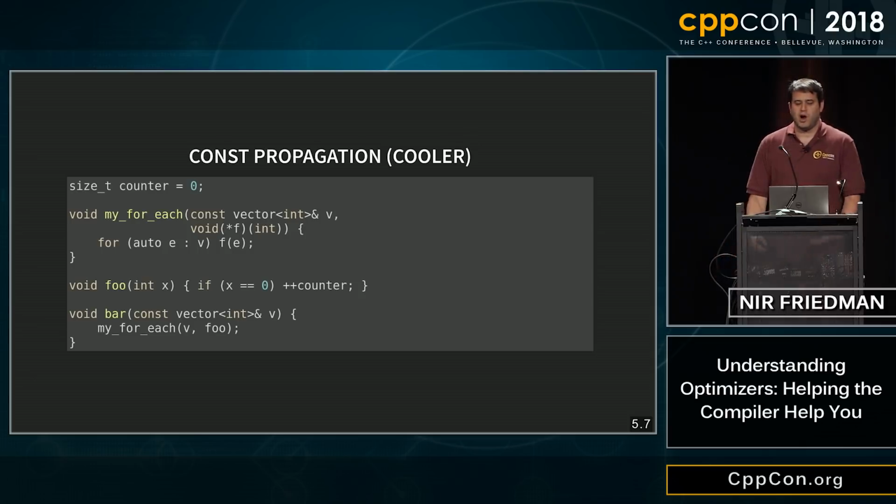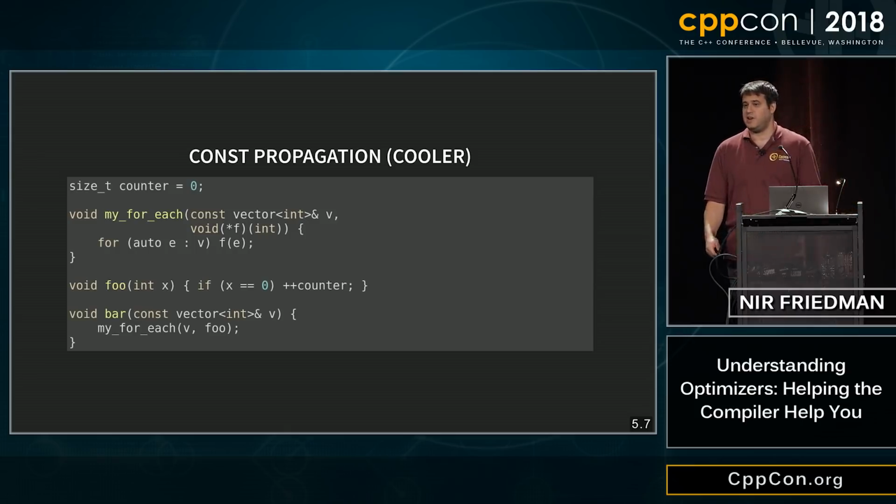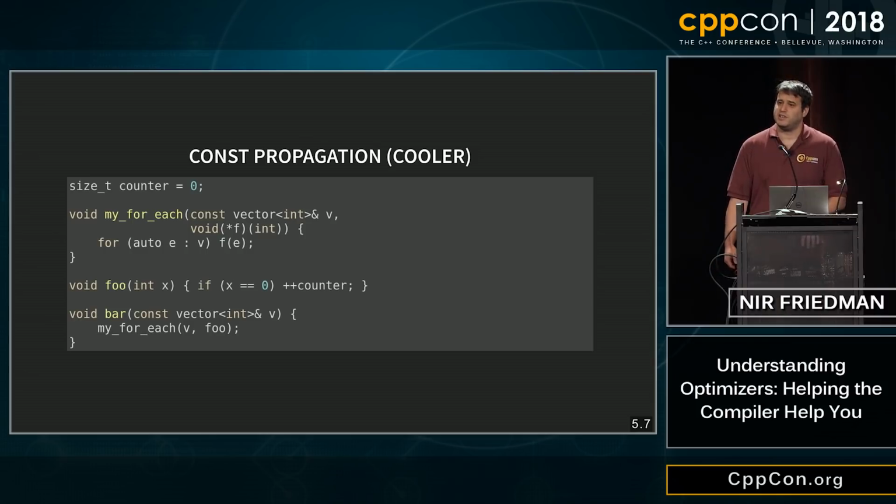Because if bar calls my for each, and actually, incidentally, I started this example with standard algorithms, and to my surprise, a lot of standard algorithms do not get inlined fully, even at O2. At O3, they typically do, but you'd be surprised. So if my for each does not get inlined, there's no way that my for each can inline f, right?